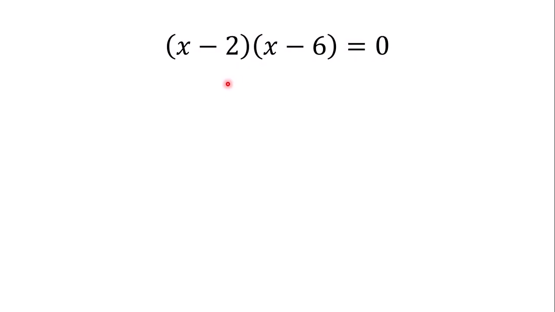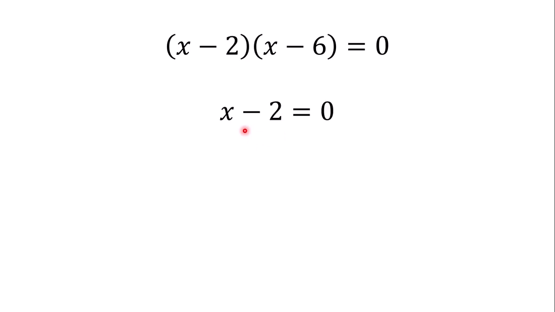We find the value of x by equating each one of these to 0. So first we equate this one to 0, and then we equate this one also to 0, to find the values at the end of the day. Okay, good. So first let's equate this one to 0.